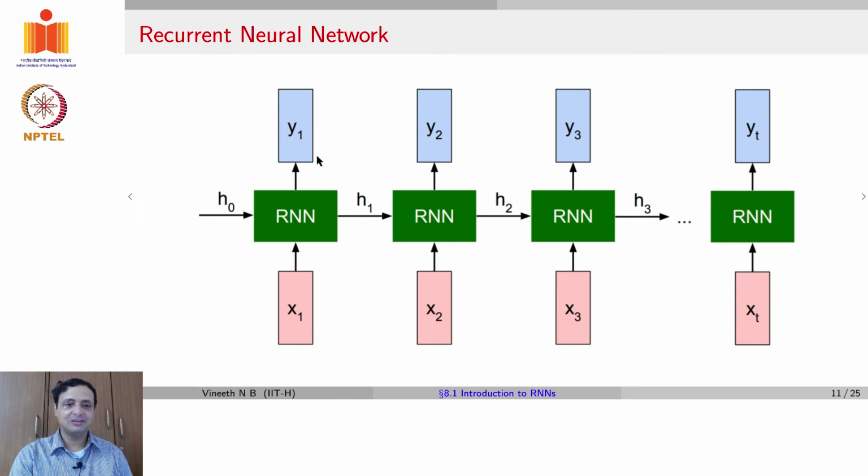Here is a visualization. At time step t1, given an input x1 and h0, an initial state, the RNN processes these two inputs, h0 and x1, using weights, say U and W, which are matrices of weights, and outputs a y1 if an output is required at that time step, and a state h1 which is passed on to the next time step of the RNN. At the next time step, the RNN receives x2 and h1 as input, and uses the same weights U and W as the previous time step.